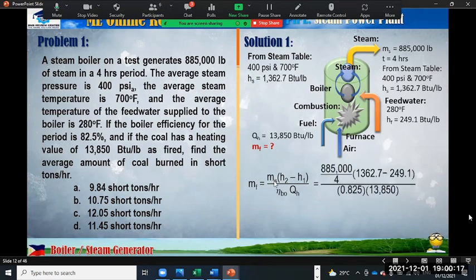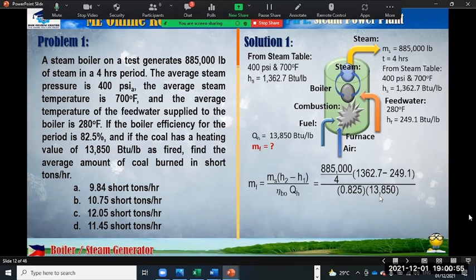We must express the mass of the steam in terms of pounds per hour, so we divide 885,000 pounds over 4, then multiply by the enthalpy difference, h sub 2, that is h sub s, minus h sub 1, that is h sub f, and divide by the boiler efficiency times the heating value.